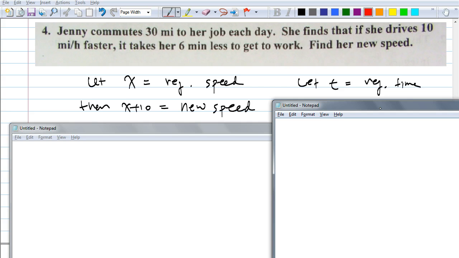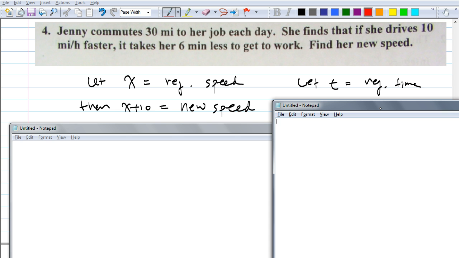Because it's going by miles per hour. We cannot use 6, that is not in hours. So what should it be? 1/10. So do we add 1/10 to the regular time t, or do we subtract?